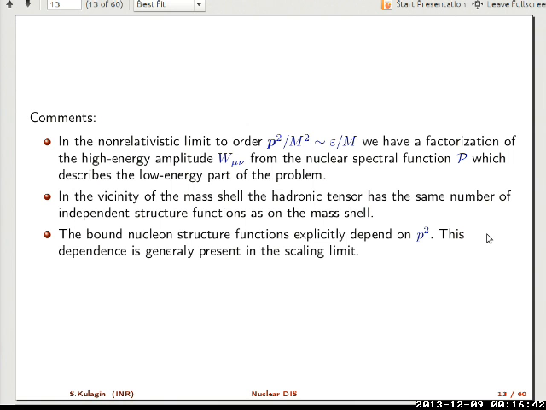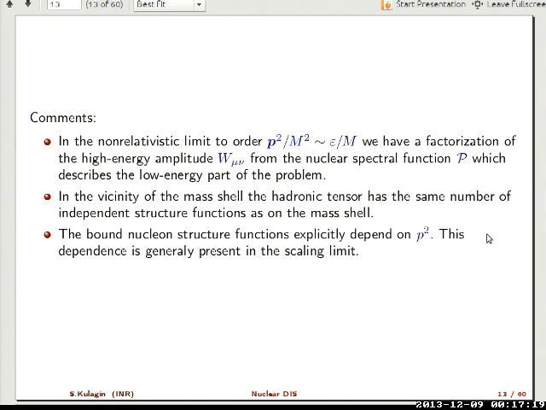If I would wonder about the relativistic corrections, then I should calculate them, and they may not be expressed in terms of the spectral function. Then in the vicinity of the mass shell, the hadronic tensor has again the same number of structure functions. That simplifies life, and those functions explicitly depend on a new variable, p squared.